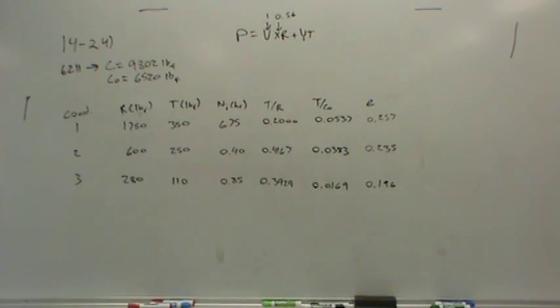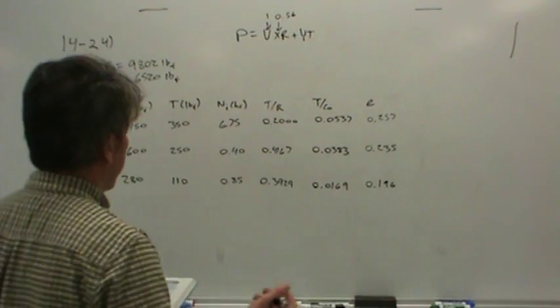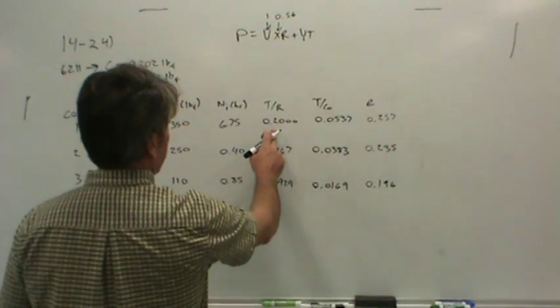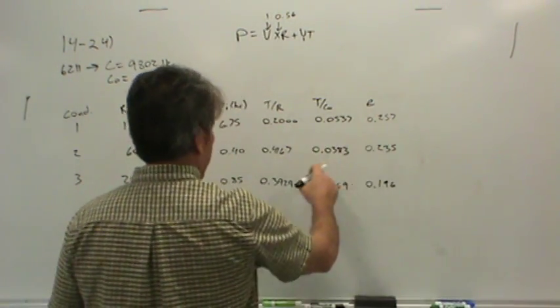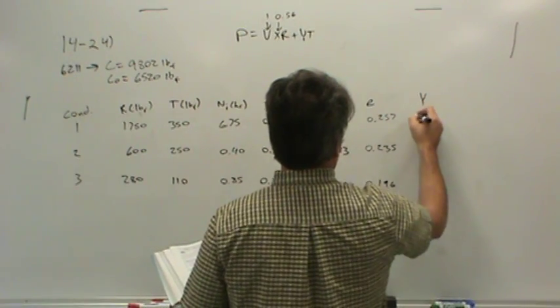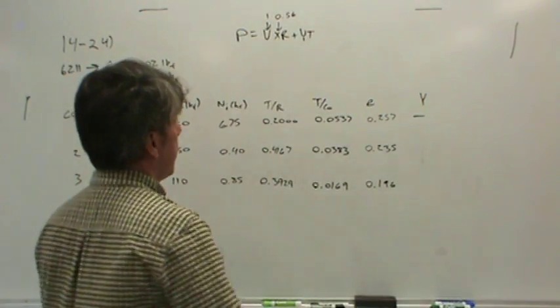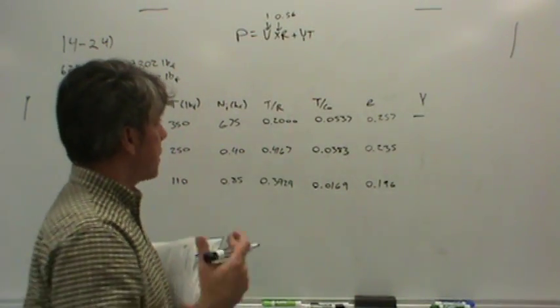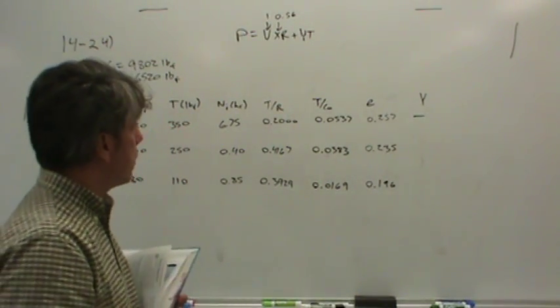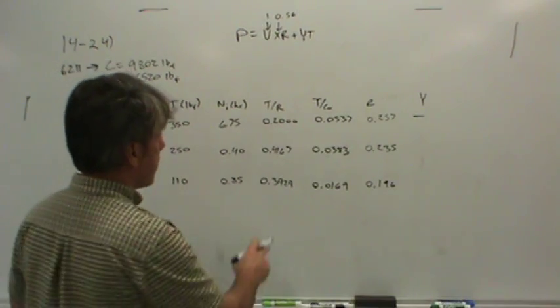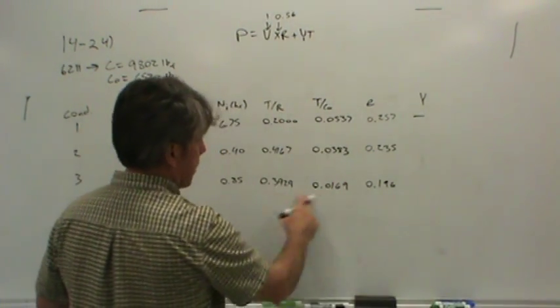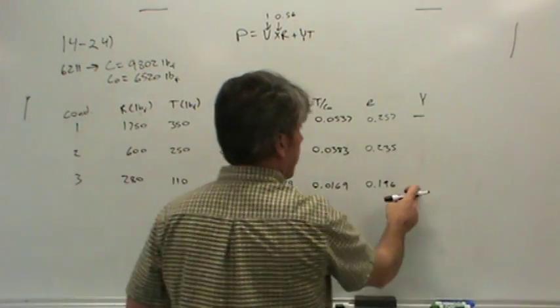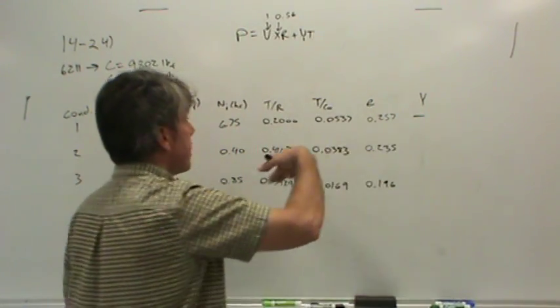Now, the real question is: is T over R greater than E? Well, for this case, it's not. So we're not going to have a Y value. Basically, if T over R is greater than E, what that means is that the thrust load is a significant component of the load that's applied to the bearing. You'll notice T over R is greater here and it's greater here. So these two will have to come up with Y values, but this one, we can just neglect it.